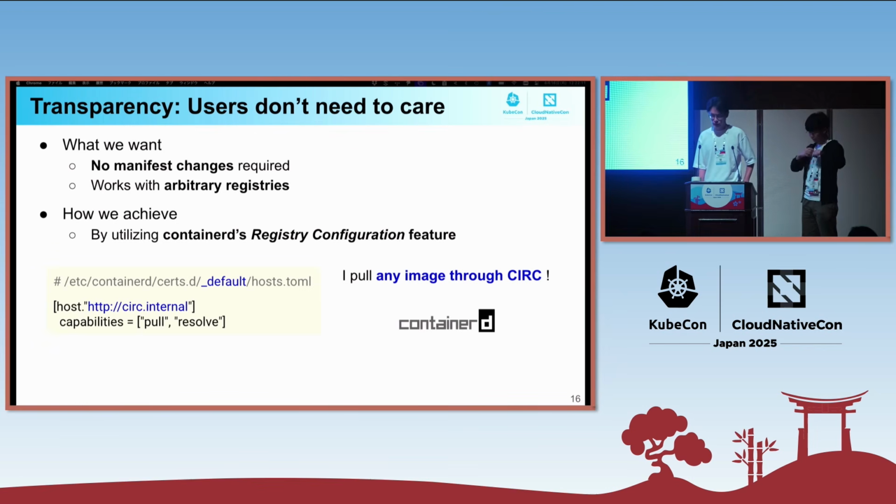Underscore default is a special registry name that matches any registry. So requests to any registry will go to CIRC. So with this configuration, containerd will pull all images through CIRC.